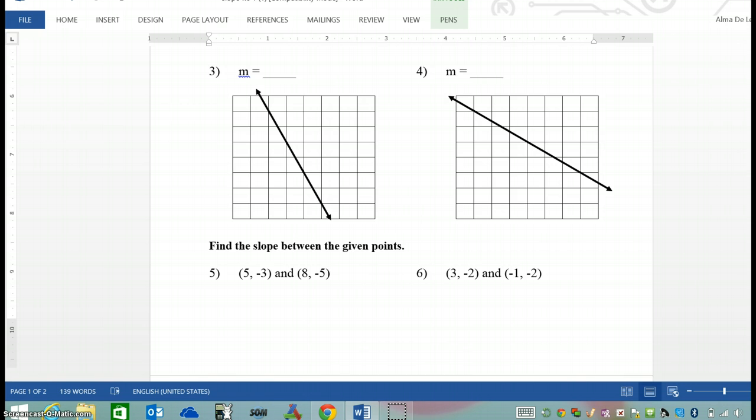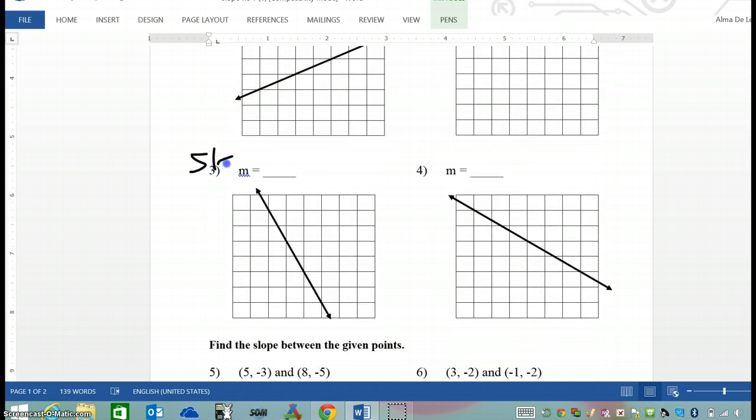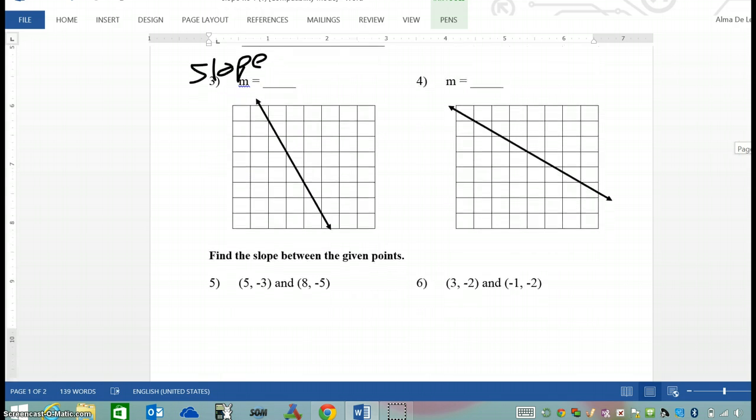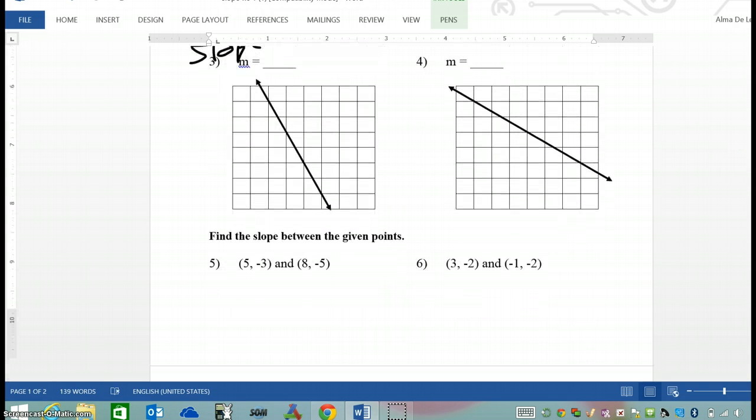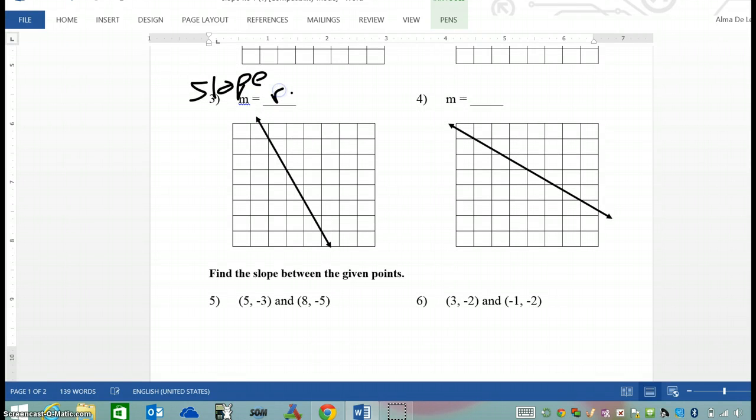N is the same thing as slope. Slope, which we also refer to as rate of change. And anytime we're looking at slope from a graph, it's also the same thing as rise over run.